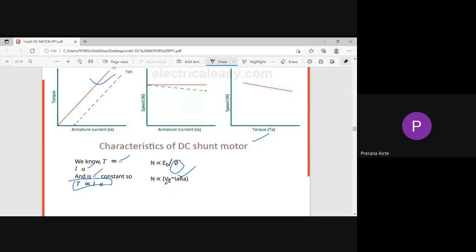So N is directly proportional to Vt minus Ia Ra. When load increases, the Ia Ra drop increases. Because this drop is subtracted from the supply voltage, there will be a small reduction in speed.